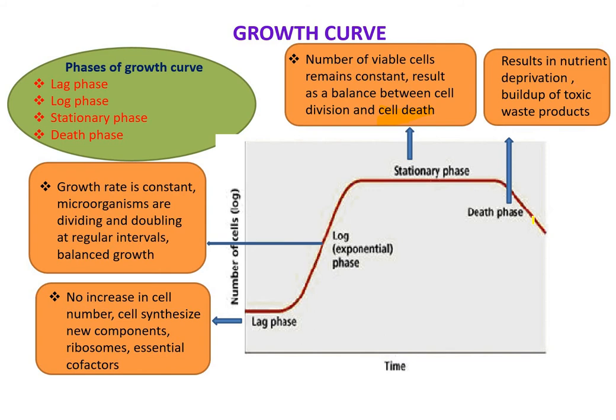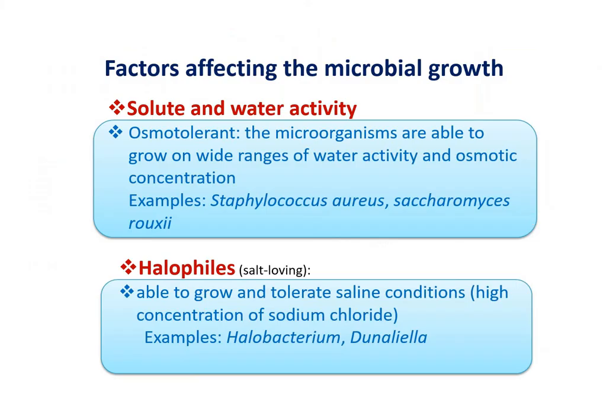The other reason is the buildup of toxic waste products, for example during fermentation reactions, where some acids form, and those acids do not provide favorable or optimum growth conditions for the cells, so they enter the death phase.